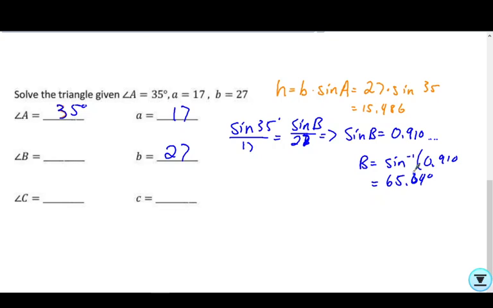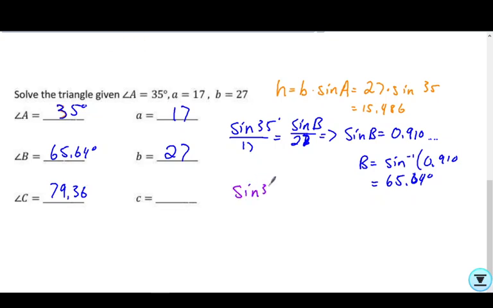So we've got our angle. Angle B is 65.64 degrees. Now that we have two angles, we can find the third one. So we take 180 minus 35 minus 65.64, which is 79.36. And then we can find our side C.